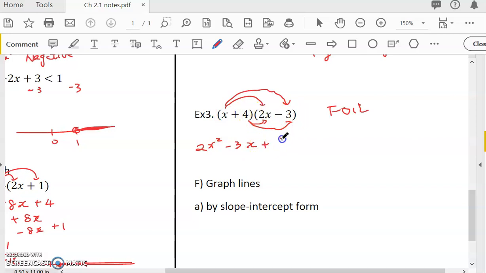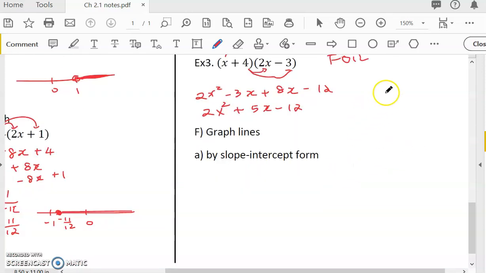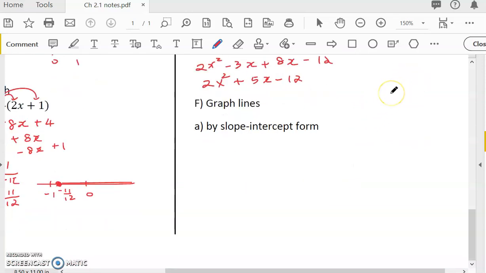Inside, plus 8x. Last, minus 12. Combine like terms, 2x squared. So don't add 3x and 8x, but it's -3x plus 8x. So plus 5x minus 12. So this is getting factoring and also multiplying.